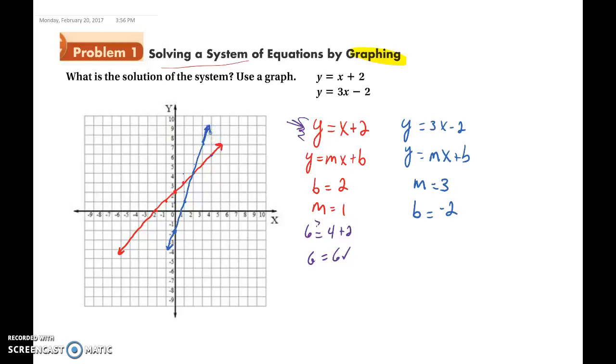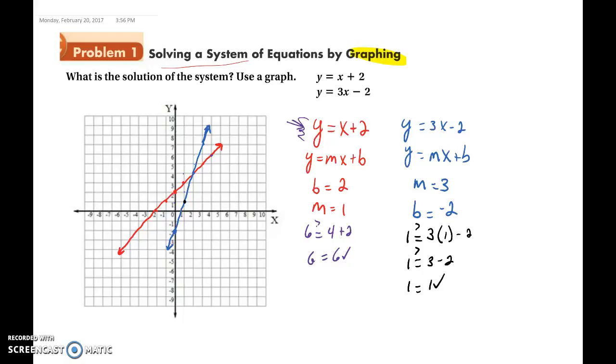You would use a ruler in class, so you would be able to draw a little bit clearer. It's a little bit hard for me to draw straight lines on this. Once again, any point I pick on this blue line will satisfy the blue equation. So let's pick this point here, 1, 1. When we plug it in, does 1 equal 3 times 1 minus 2? Well, does 1 equal 3 minus 2? And 1 does equal 1. So any point we pick on the blue line satisfies the blue equation.